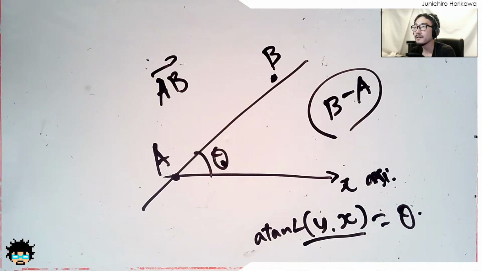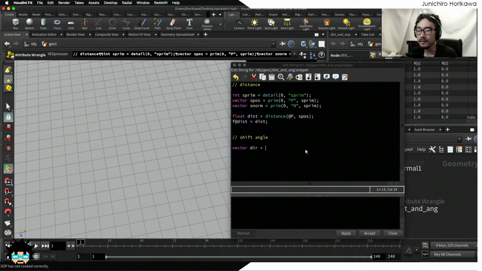So let's do that. Let's try to retrieve that value. Okay, so first of all, I'm going to create a directional vector named dir.